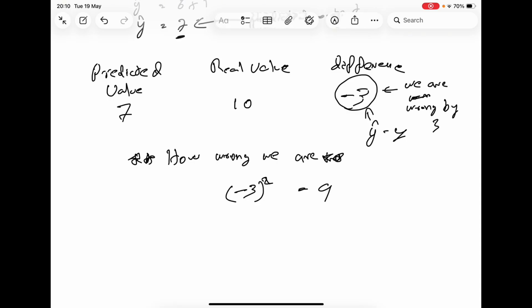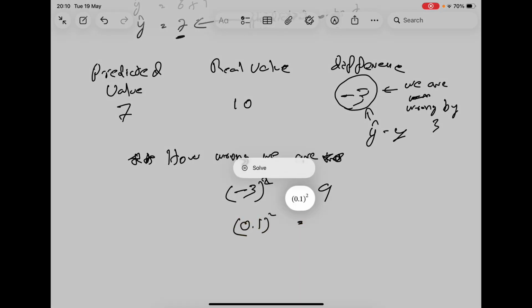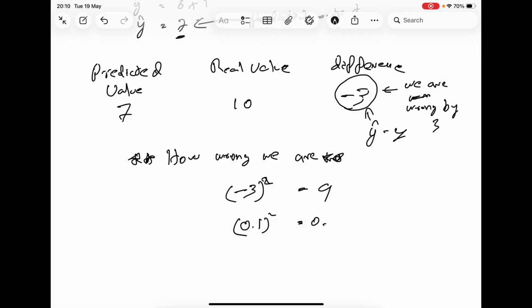If we square this answer, then we can clearly see the impact. For example, if this is a very small error, let's say 0.1, then if we square it, what will the answer be?